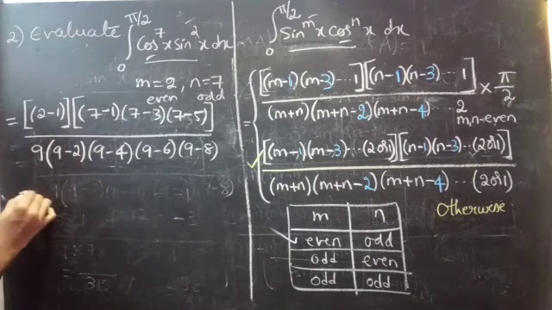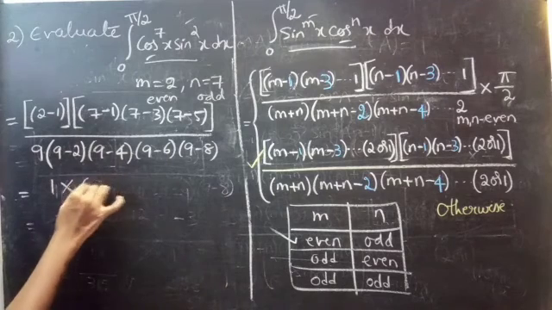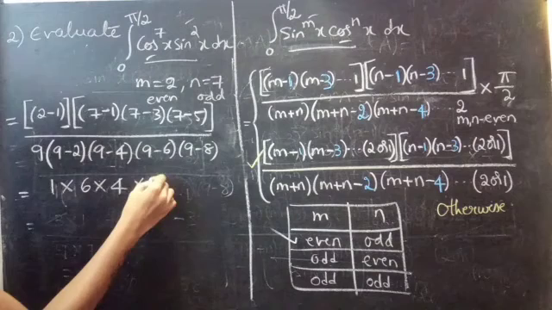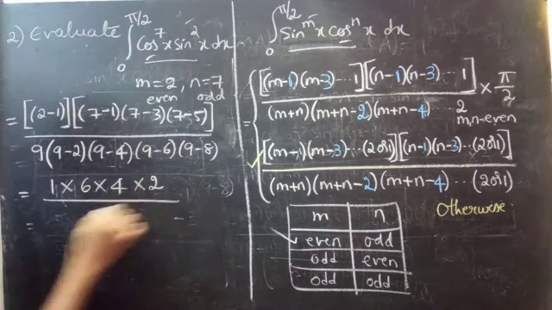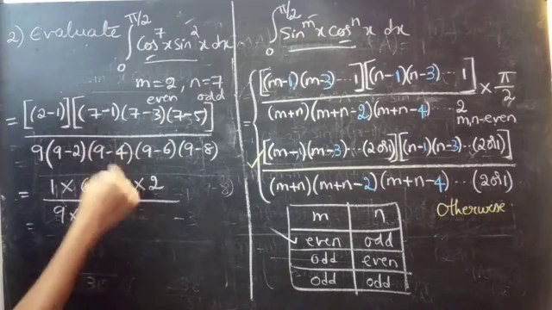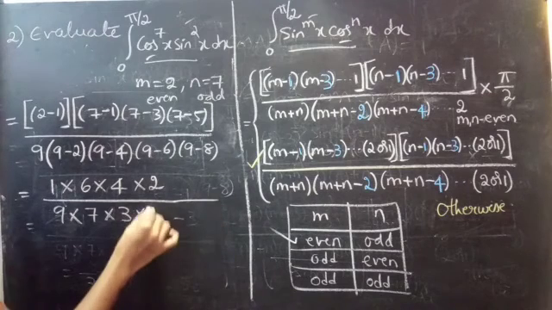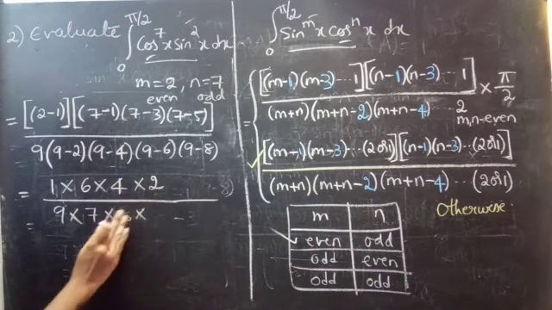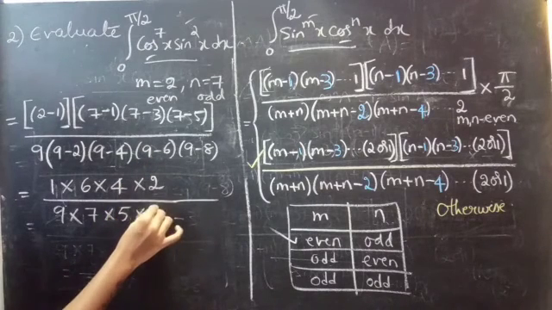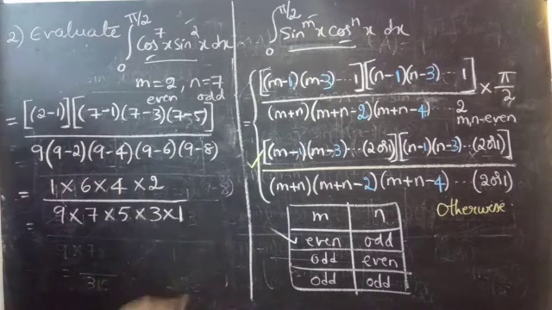This equals 2 minus 1 is 1, into 7 minus 1 is 6, into 7 minus 3 is 4, into 7 minus 5 is 2, divided by 9 into 9 minus 2 is 7, into 9 minus 4 is 5, into 9 minus 6 is 3, into 9 minus 8 is 1.